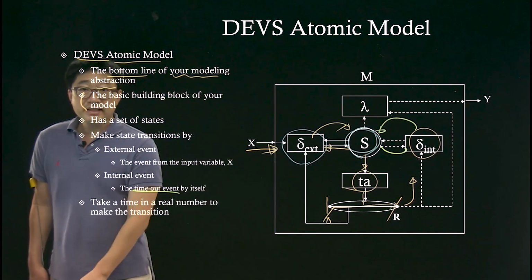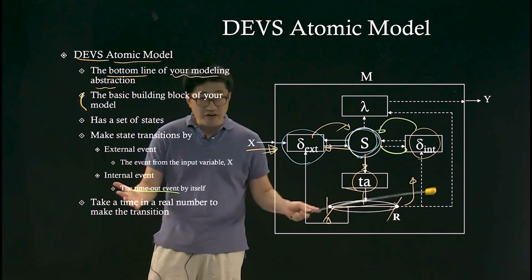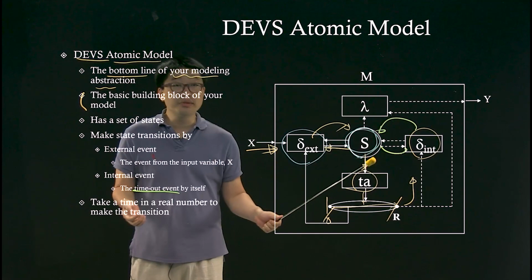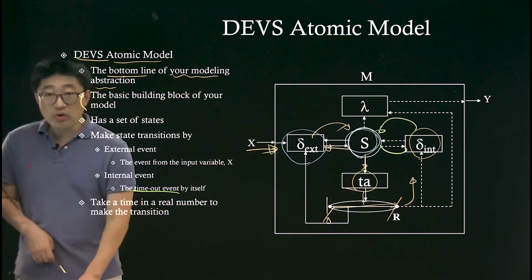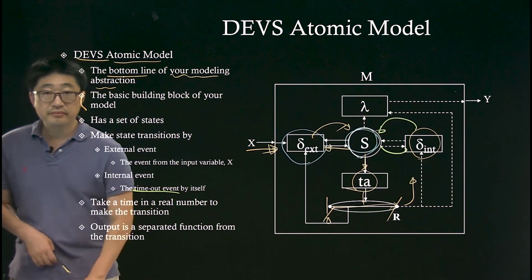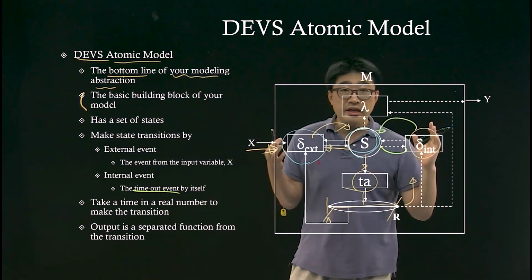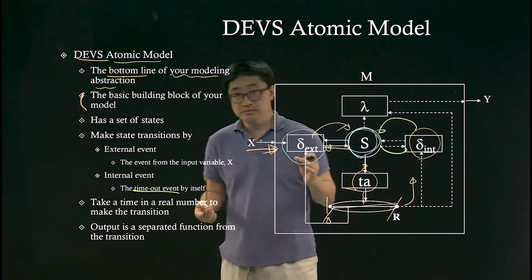The next element is the time advance function. The state determines the time advance so that eventually we can call the internal transition when the timer is out. Previously, the transition also defined the output.